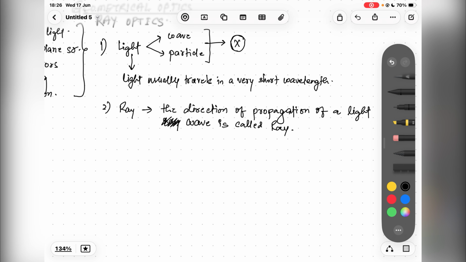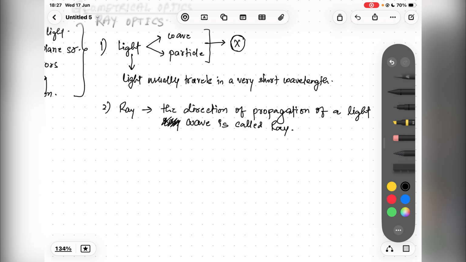So ray is nothing but a depiction of the direction of propagation of light.